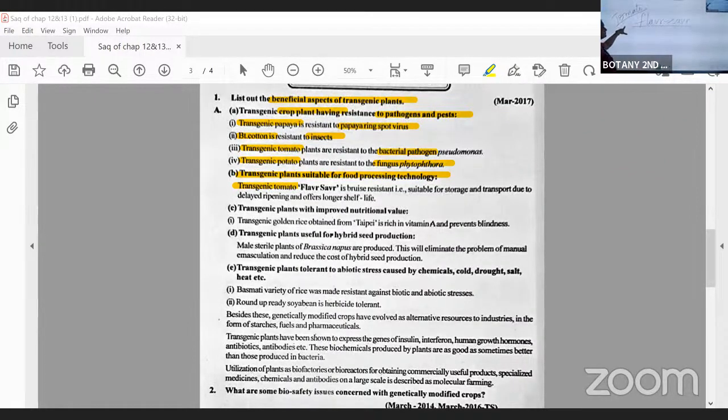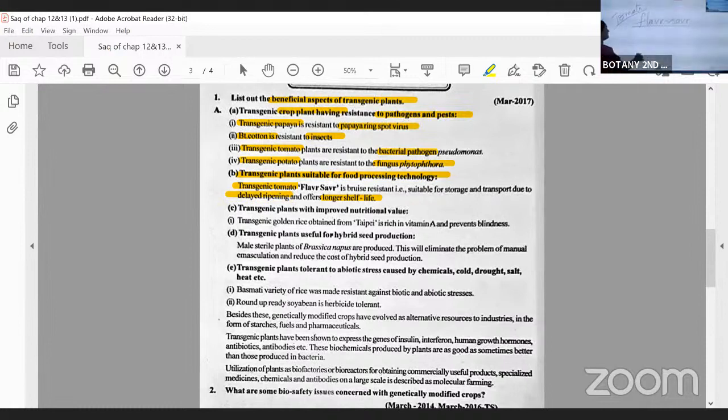This transgenic variety will make the tomatoes resistant to infections and increase the shelf life, as well as delay the ripening in the tomatoes itself.